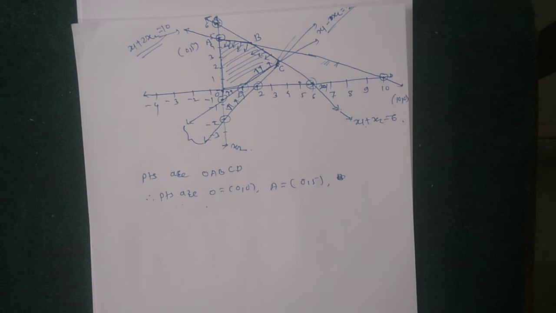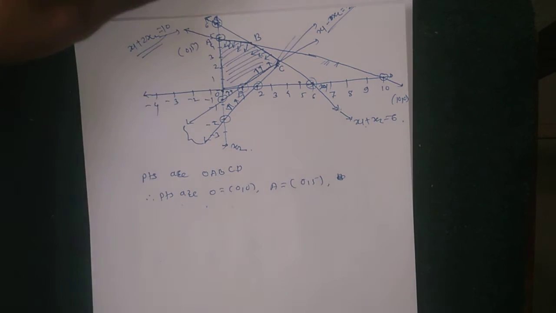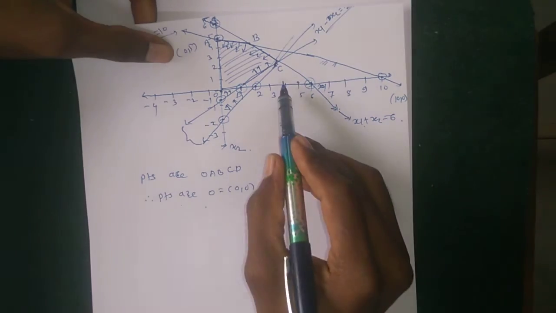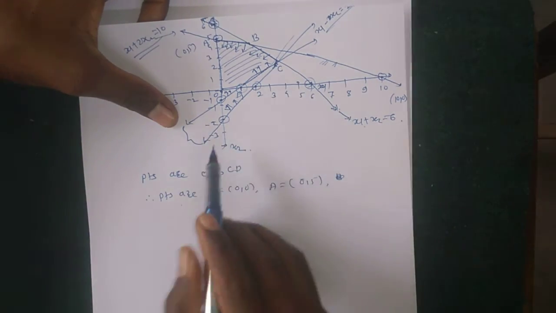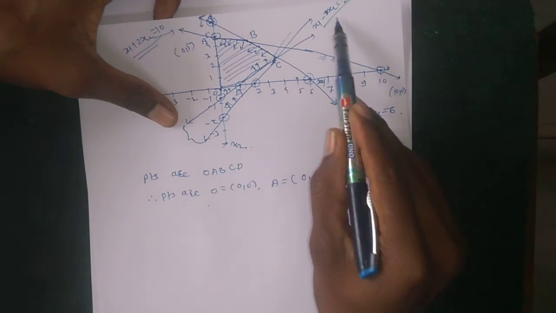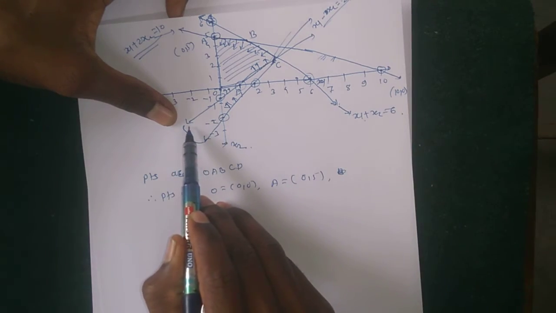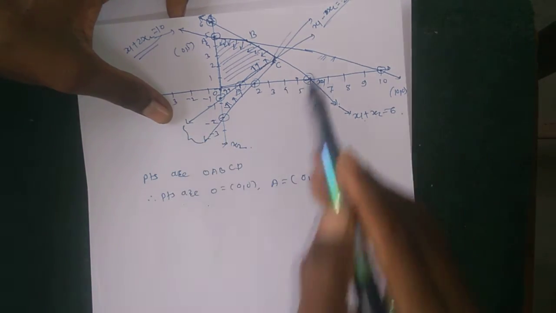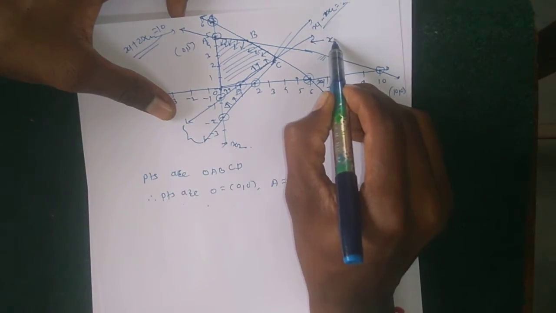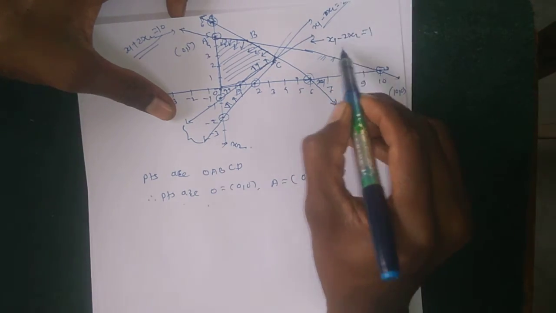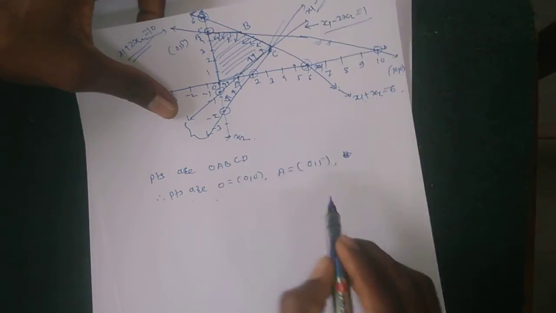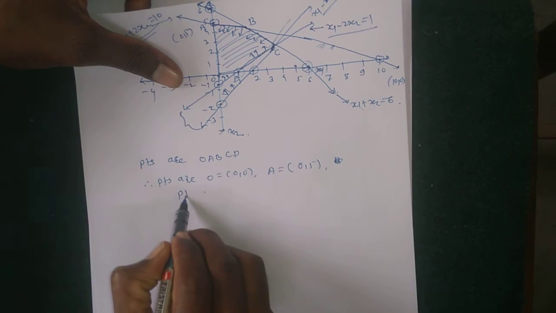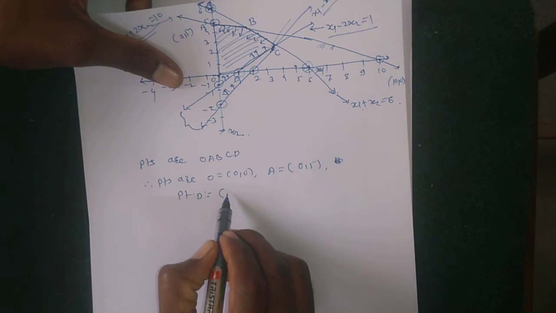Point C is the intersection of x1 minus x2 is equal to 2 and x1 minus 2x2 is equal to 1. Point D is (1, 0).